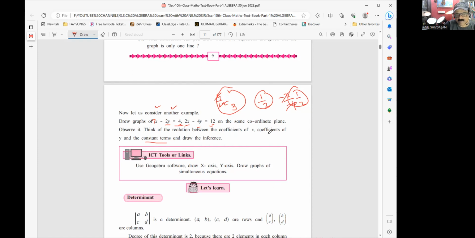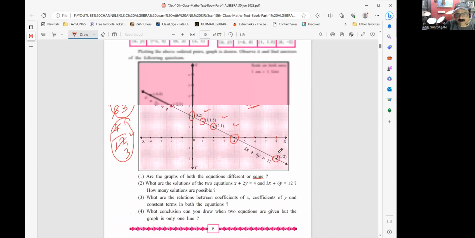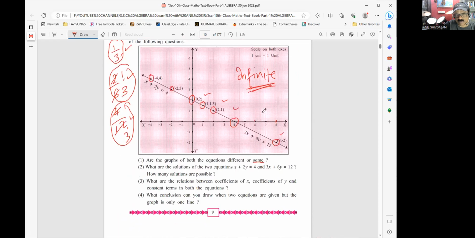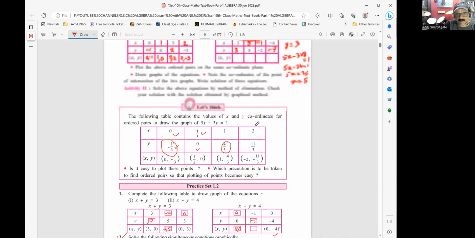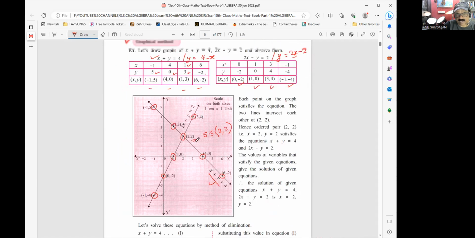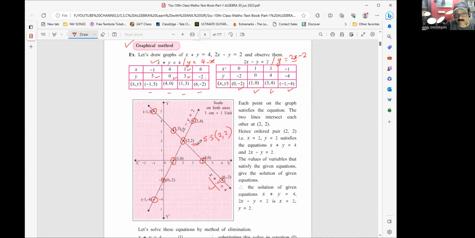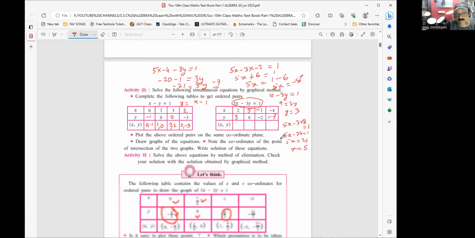If all of them are on one line, it is an example of infinite solutions. And earlier we have seen the graphs where they are intersecting. Whenever they intersect, they have one solution.